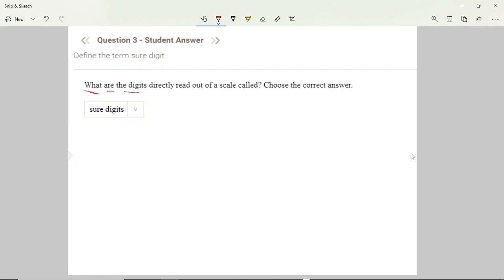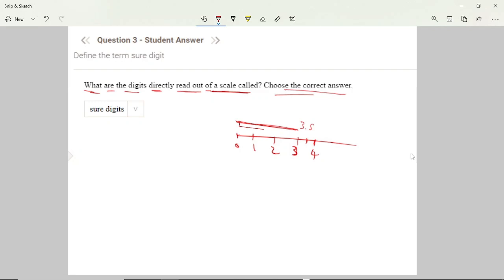What are the digits directly read out of the scale called? Choose the correct answer. If I have a ruler, for example from 0, 1, 2, 3, 4, and I have a rod and I'm measuring its length, for example, this rod on this scale will be 3 centimeters.